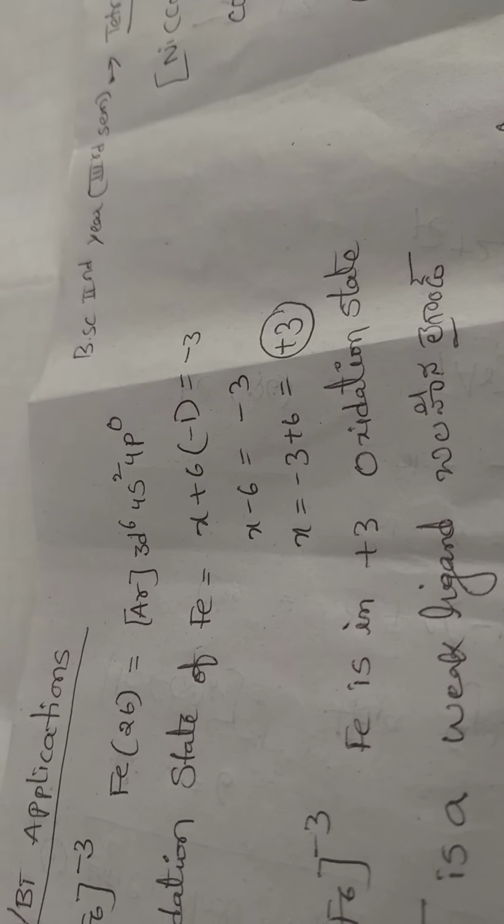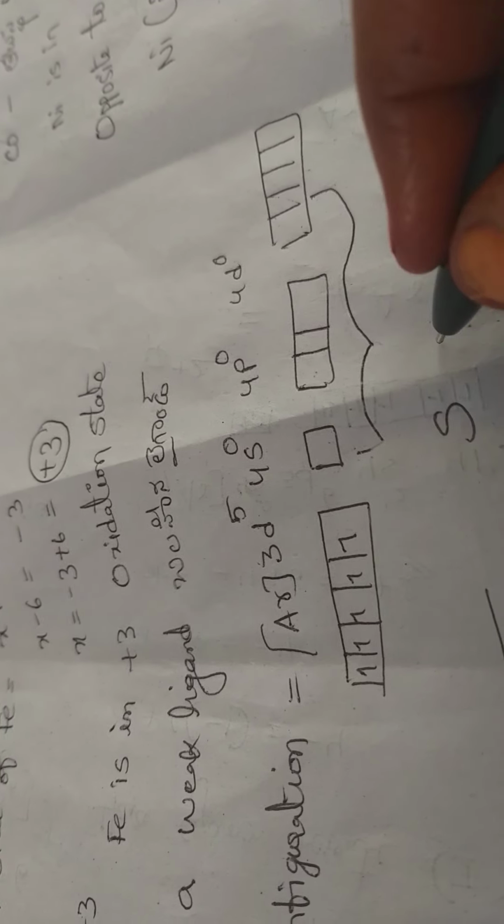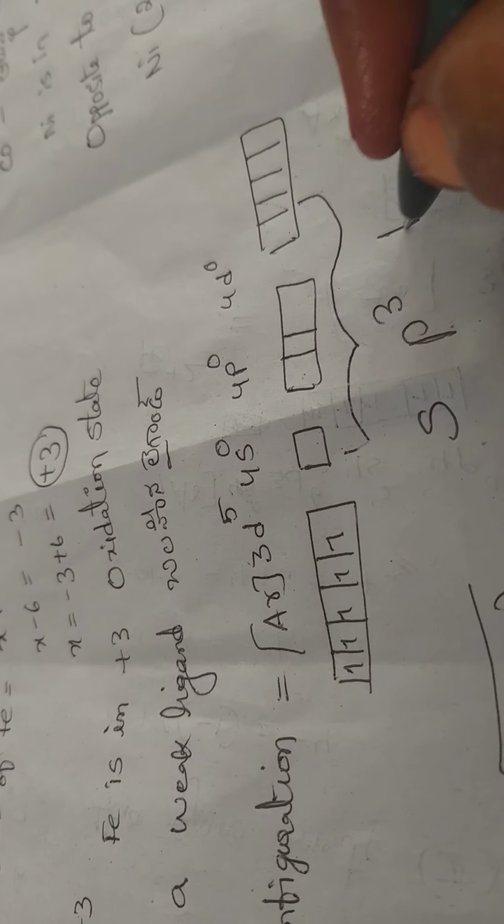The central metal atom contributes 6 empty orbitals: one s, three p orbitals and two d orbitals. The empty orbitals of the Fe are s, p3, d2. And how many ligands are there? 6.